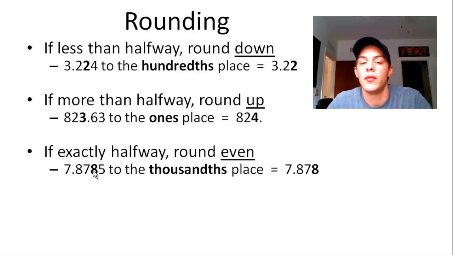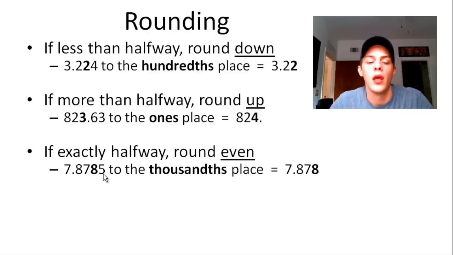If you think about it, this makes a lot of sense, because if it's exactly halfway there, then there's really no reason why you should round one way. I know that a lot of you would probably round up in this case. That's what we're taught at a very young age. But there's really no reason why you should round up every time and round down none of the time, because it's exactly halfway between the two.